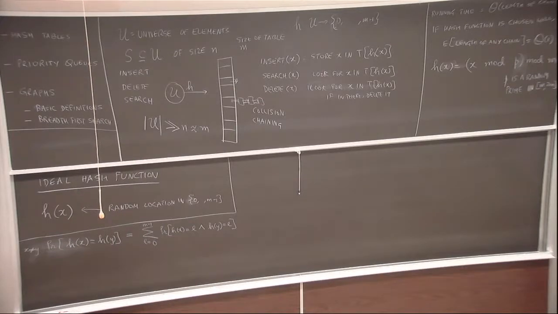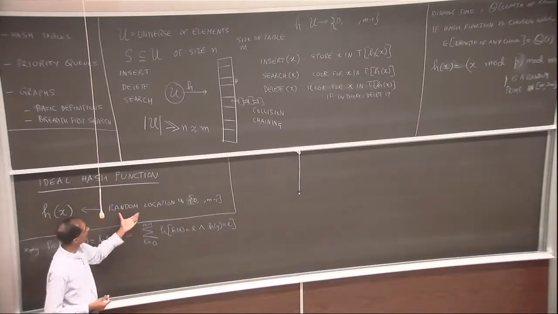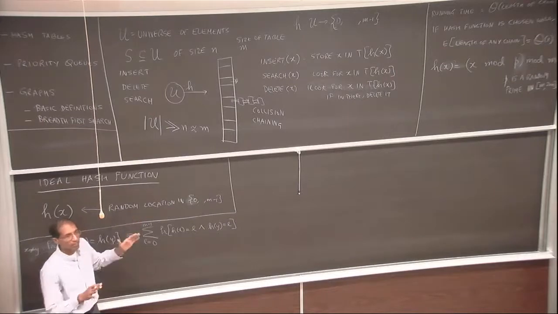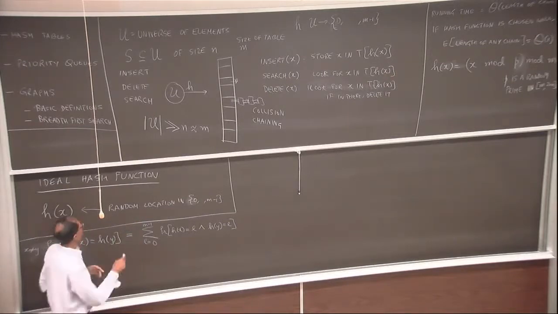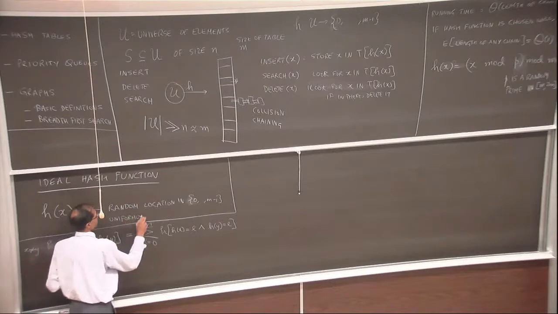What is the probability that h of x equals L and h of y equals L? We said that we're going to pick a random location. I didn't explicitly say that, but I have to say that this randomness is done independently for every single element. So this is being done uniformly and independently.